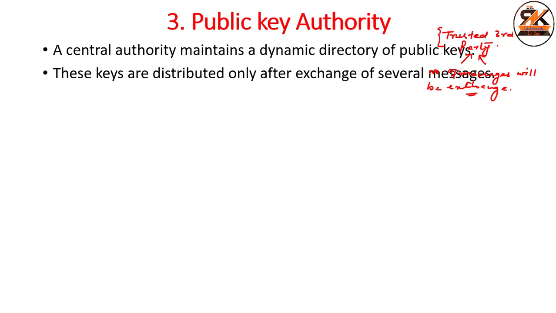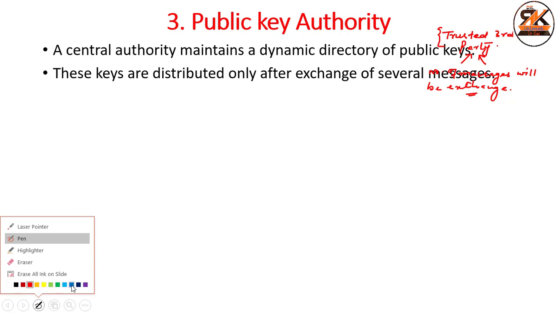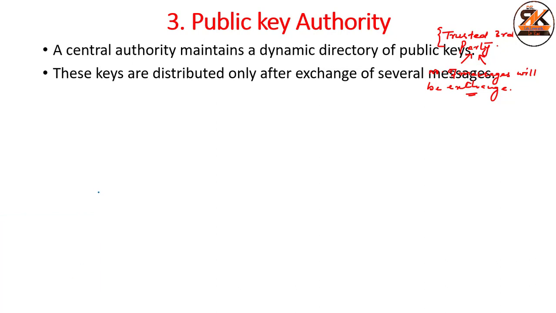Fine. So I will draw a structure here that will represent the number of messages that need to be exchanged. For example, here you have an initiator A, and you have another entity which is a responder.